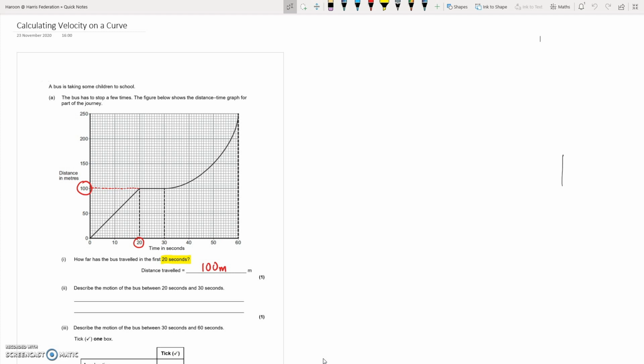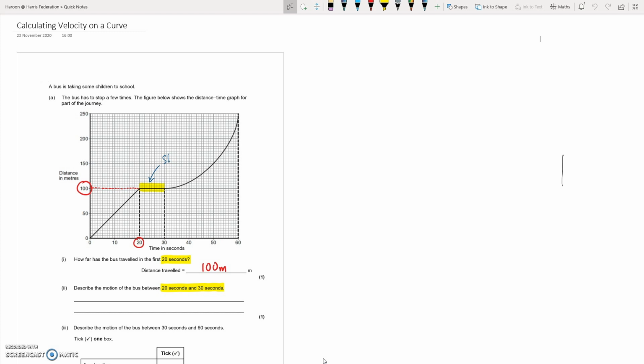It then says describe the motion of the bus between 20 seconds and 30 seconds. So I can see from my graph here, this is referring to this part here. I'll highlight there. And that part is a straight line. So a straight line in our case, what that means is that the object is stationary.